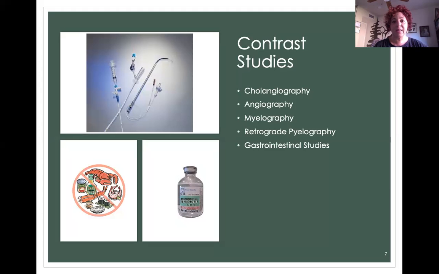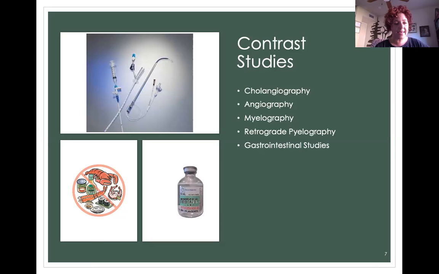And cholangiography and angiography and retrograde pyelography are all procedures that we will come into contact with in the operating room. And so on your field, you're going to have some sort of dye. An example I put down here is Renografin. There are other flavors of dye as well.